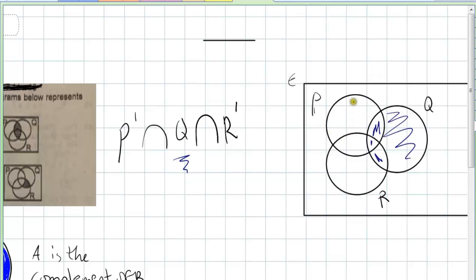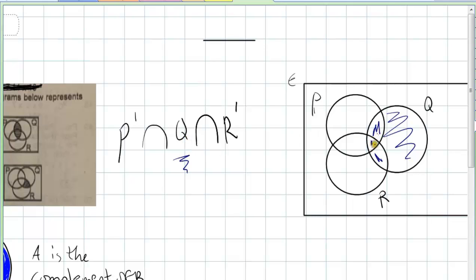Obviously this entire circle would be P, but we want the part of P that's the complement of it. So that would be this section in here. You can see it's taken up by other parts, but it completes all of it. And then not only that, but it has to be involved in Q. So that's these two parts.